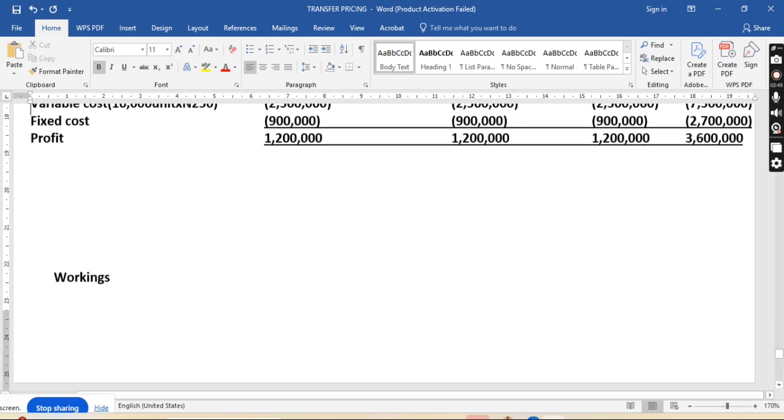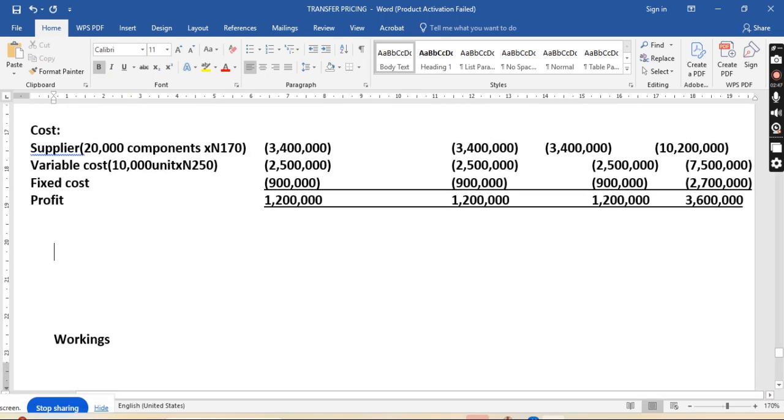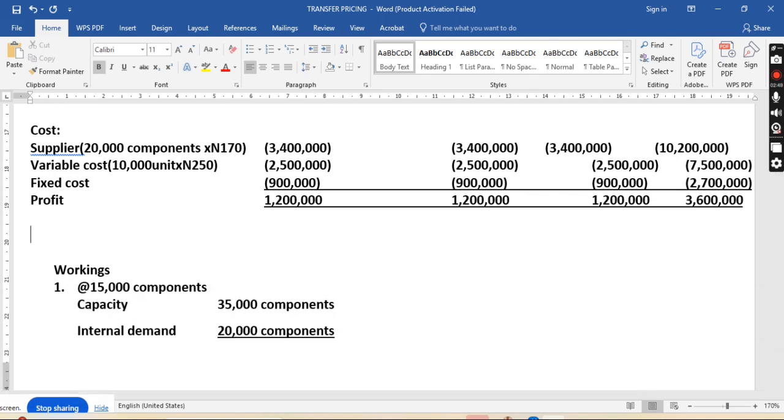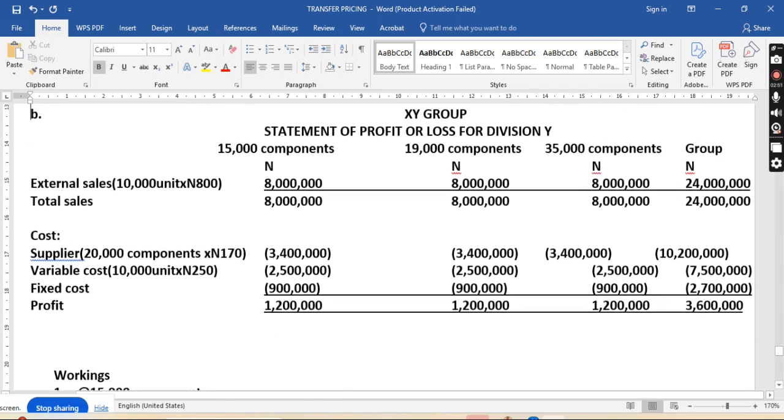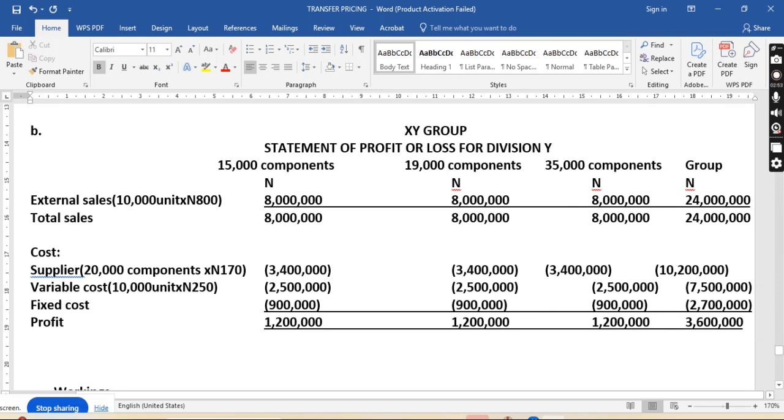When you look at it, division Y wants to purchase everything from the external supply, which means that there will not be any form of internal transfer. Now the question is, what would be the financial impact?